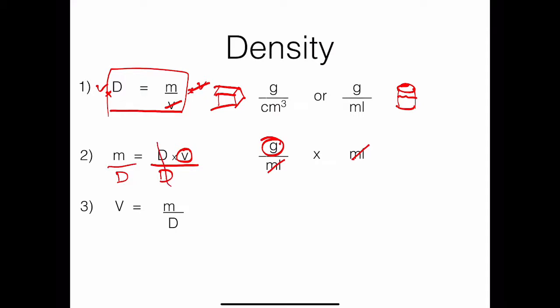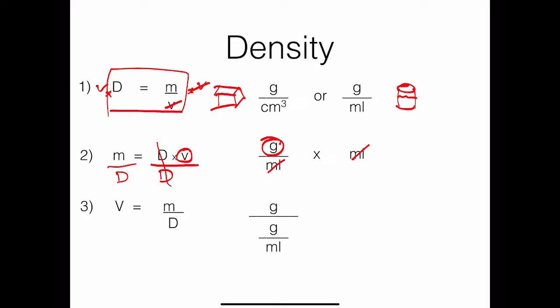Looking at this in terms of the units actually canceling, we see that mass in units of grams is divided by grams per milliliter. Now this gets a little tricky. Nobody likes fractions, especially when there's a fraction in the denominator. So what we can do, instead of dividing by a fraction, is multiply by its reciprocal.